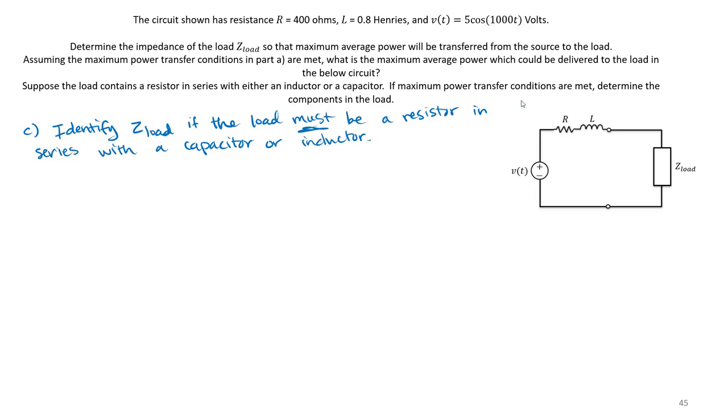So in this case, again, we're assuming maximum power transfer conditions are met, so we know that our Z load must be equal to our previous value, which was 400 minus j800 ohms.